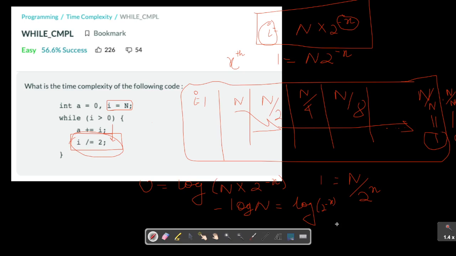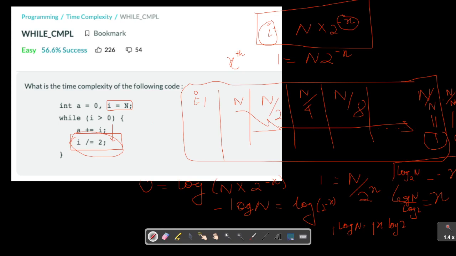We can rewrite it as minus of log of n is equal to minus of x log of 2. The minus signs get cancelled, and x is equal to log of n by log of 2. That is nothing but x is equal to log base 2 of n.